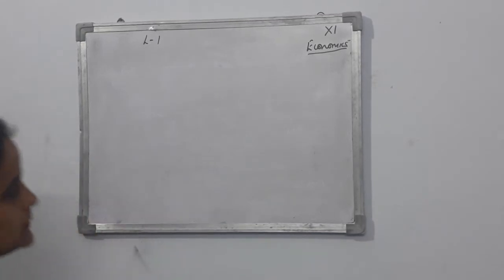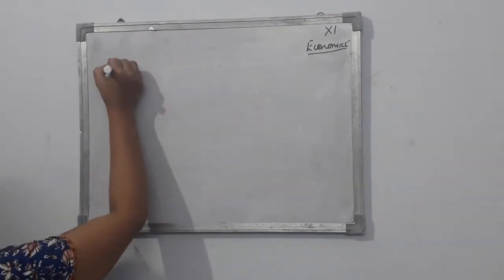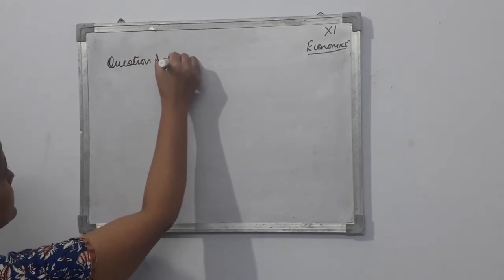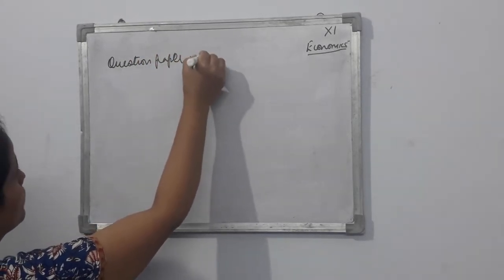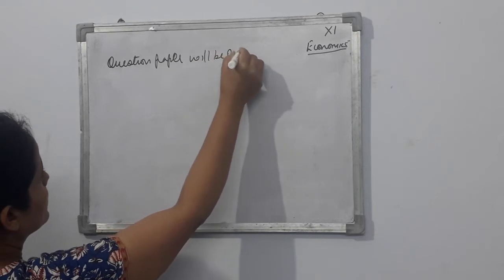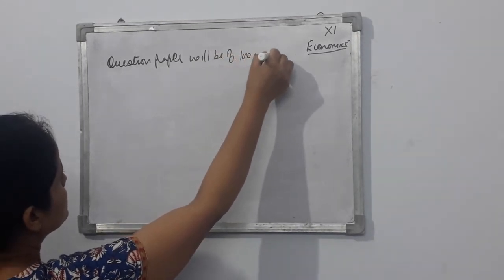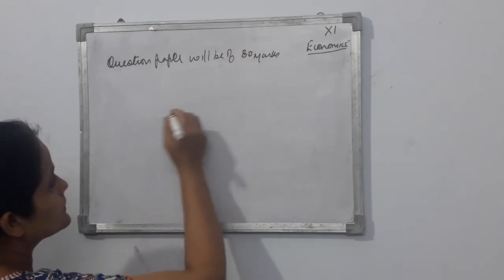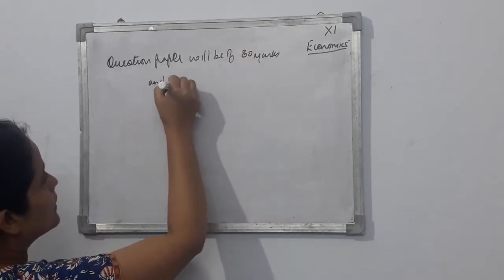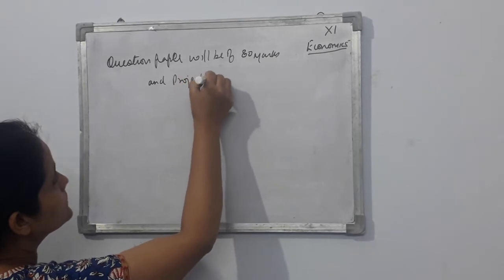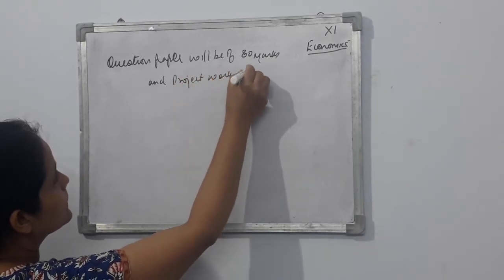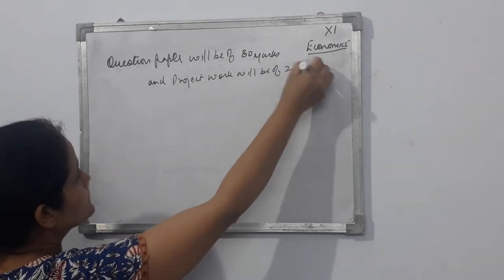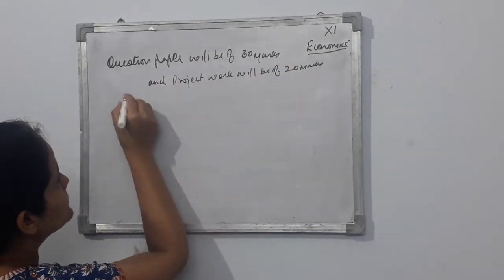Your question paper will be of 100 marks. Your question paper will be of 80 marks, and project work will be of 20 marks, right?